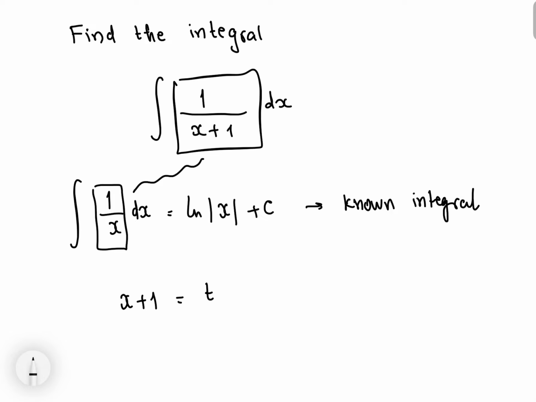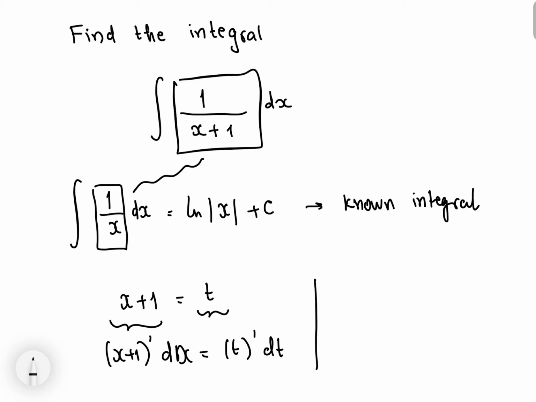And as you know from some of the previous videos, we need to find the differential of these two functions, and those are the derivative of x plus 1 times dx and the derivative of t times dt. In this case, that's very simple. So the derivative of x plus 1 is 1 times dx, and the derivative of the second is again 1 times dt.